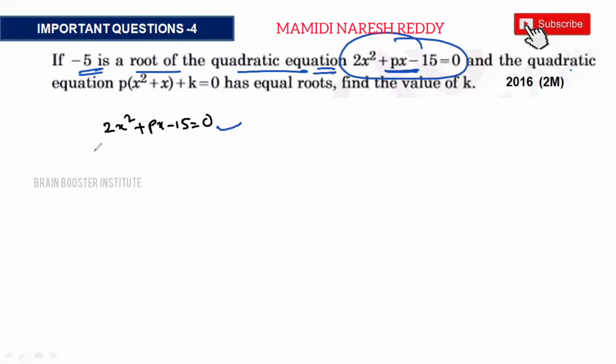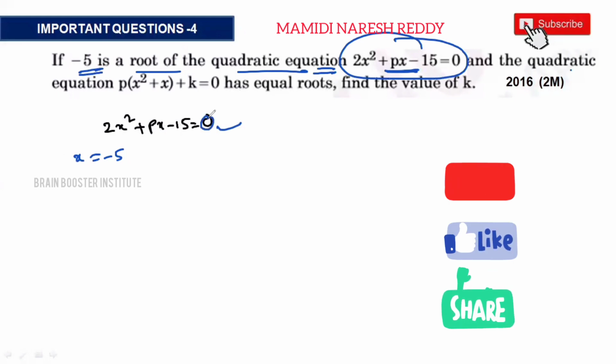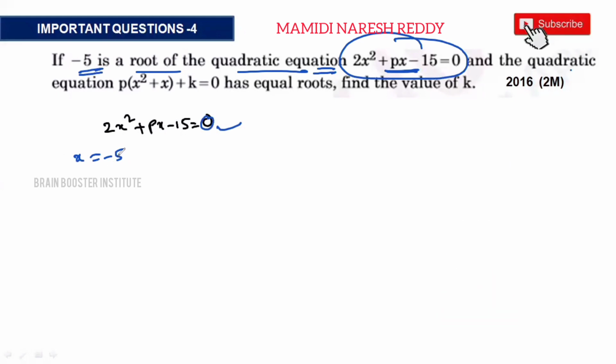So here x is equal to minus 5. Please substitute here. As it is a root, children, definitely it makes the equation equal to 0. So we just need to substitute minus 5 in this equation. In the place of x, please remove the x and substitute minus 5. So here (−5)² + p(−5) − 15 = 0.